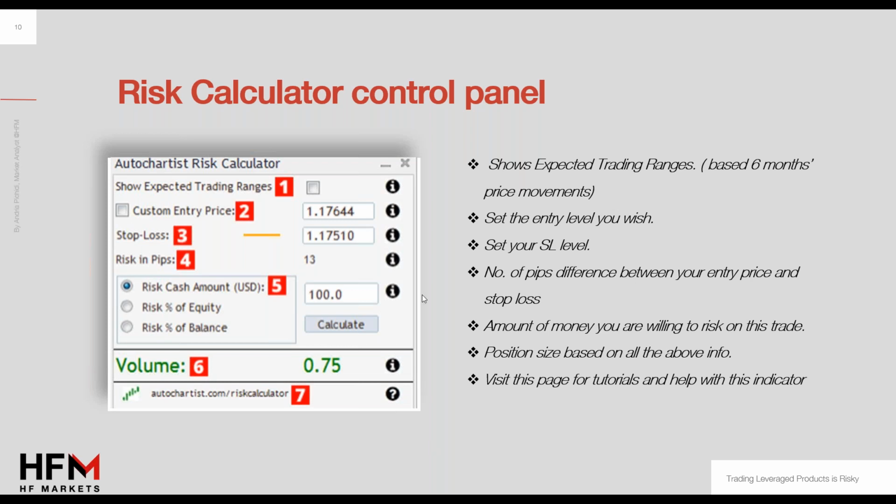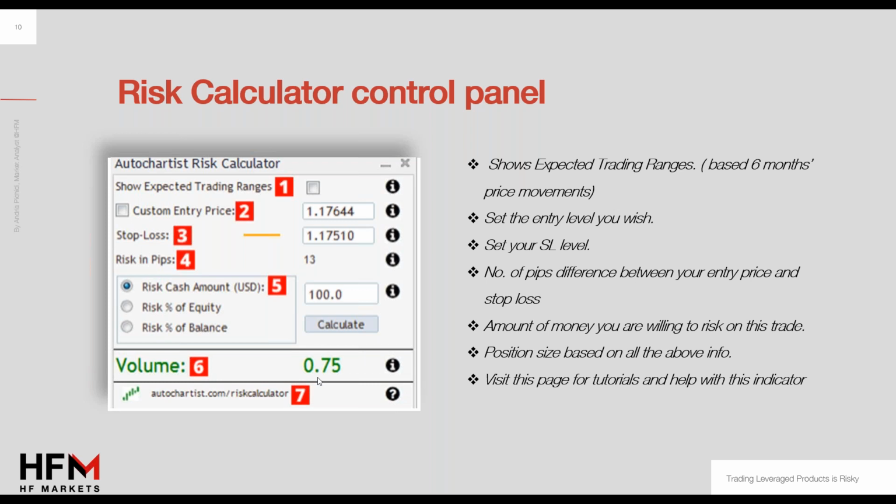What is the risk calculator? You place your entry, you place your stop loss level, you decide how much you are willing to risk for this trade. So if you are willing to risk $100, $50, $15, $5, you complete this form, you click calculate, and it will give you what should be the volume.